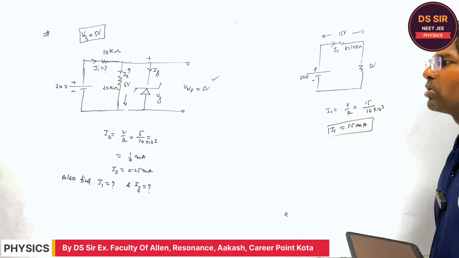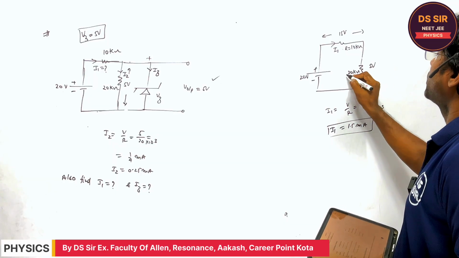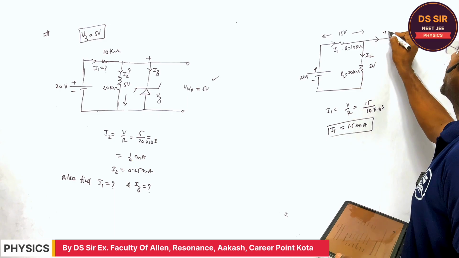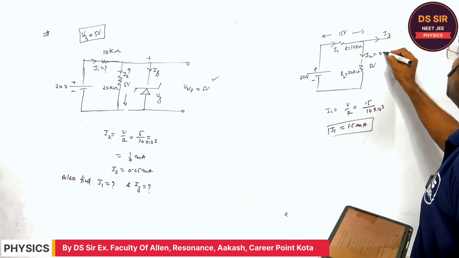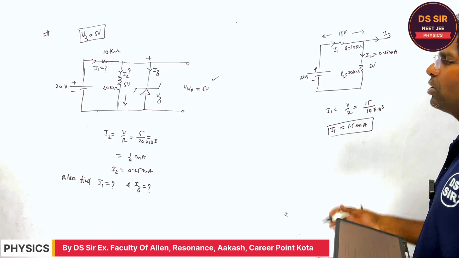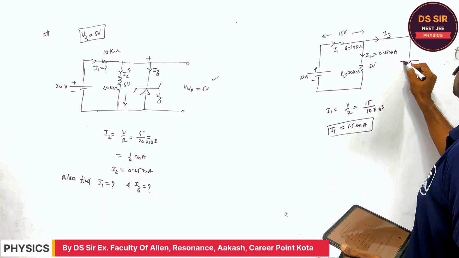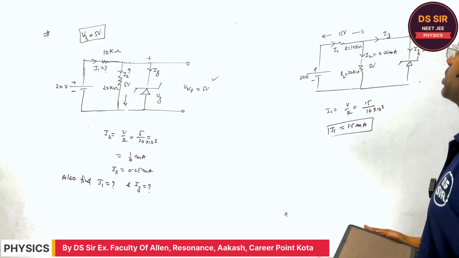Do you understand or not? And if this is the 20 kilo ohm, what is the I2? I2 I have found is 0.25 milliampere. Is it clear or not? You tell, Sanjay. So what is the reverse bias current here? The Zener diode current is what?